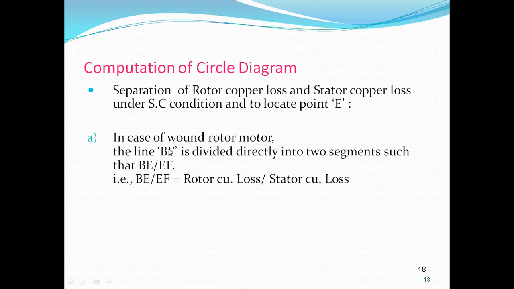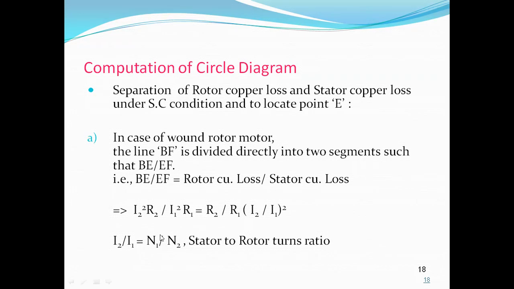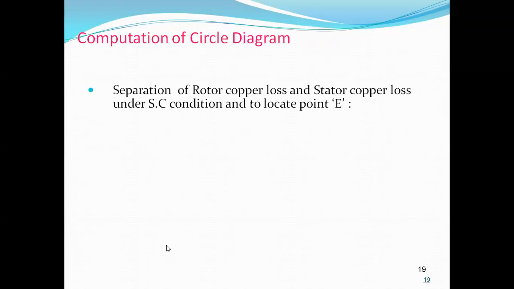In between these two, we mark a point E such that BE by EF is equal to rotor copper losses by stator copper losses, that is I2 square R2 by I1 square R1, that is R2 by R1 into I2 by I1 whole square, where I2 by I1 is N1 by N2, the stator to rotor turns ratio.